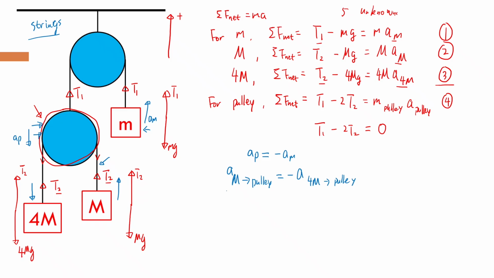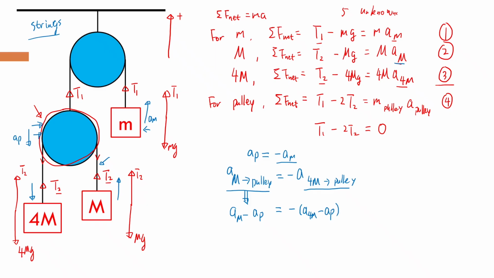The relative acceleration of M is a_M minus a_P, and the relative acceleration of 4M is a_4M minus a_P, with a minus sign.